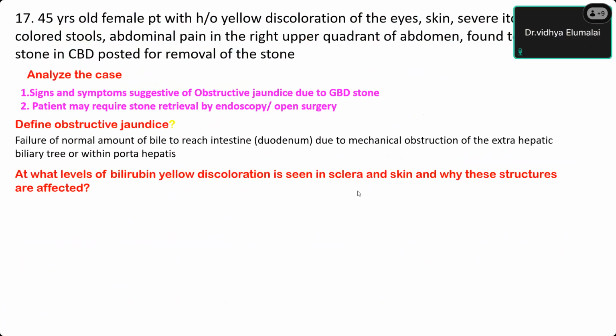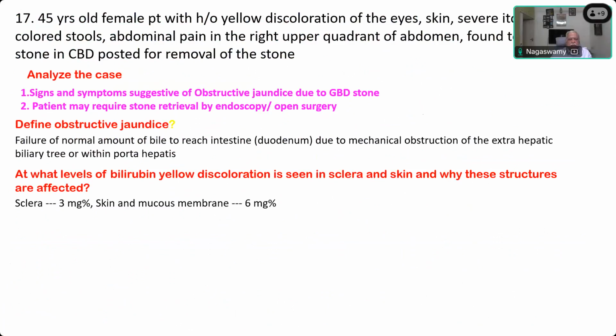They have increased elastin, yes. So in the sclera you will see it at 3 milligrams, and in skin and mucous membrane you will see it at 6 milligrams. Double the amount is required to stain the skin and mucous membrane. And that is because bilirubin has high affinity for elastin, which is present abundantly in the sclera.